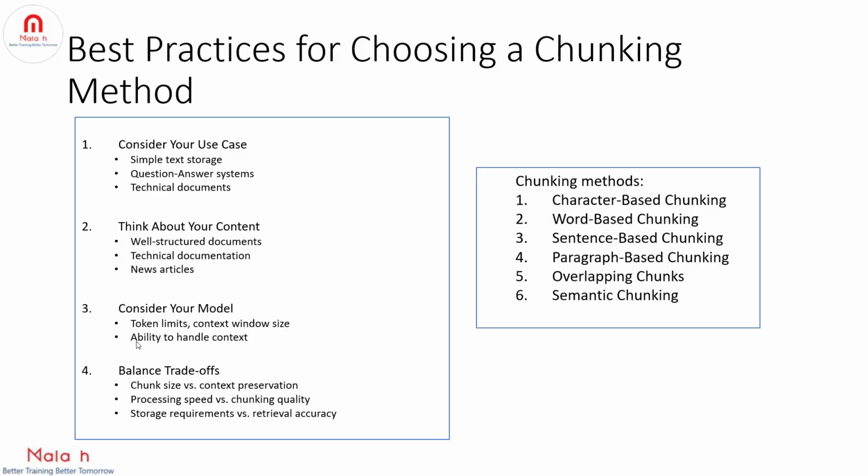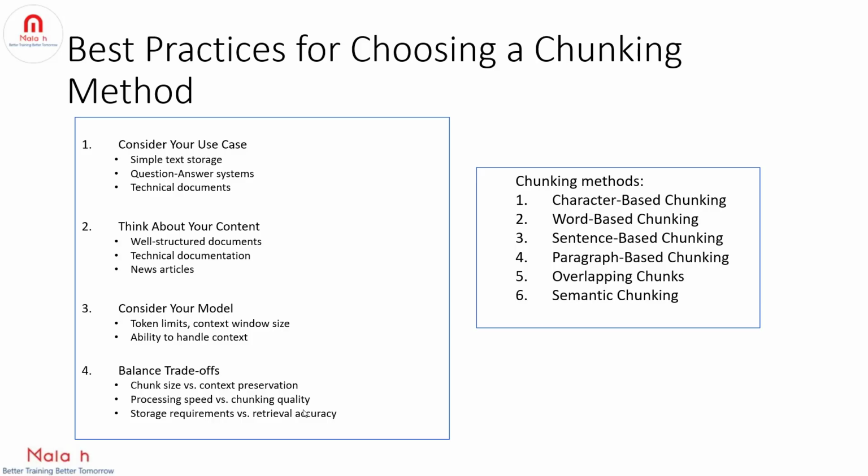So you have to pick the right model also, and depending on your model, you have to pick the right chunking method. And balance trade-offs, for example, chunk size versus context preservation. If you want to preserve the context, obviously you need more chunks. So you have to balance between chunk size versus context preservation, or processing speed versus chunking quality.